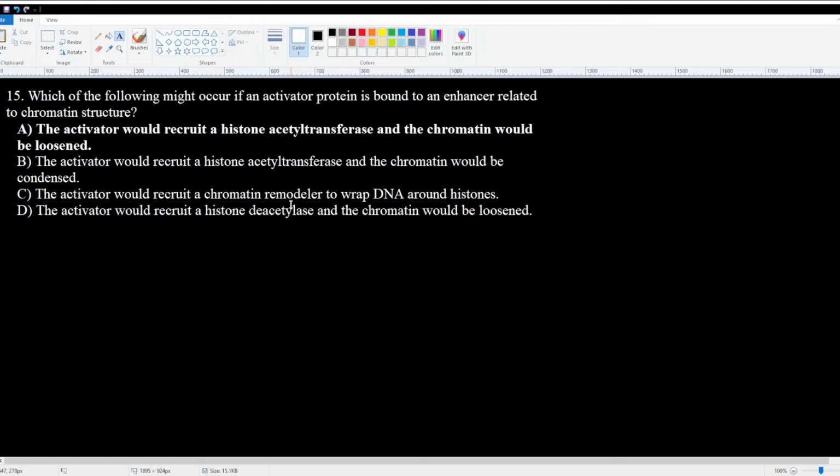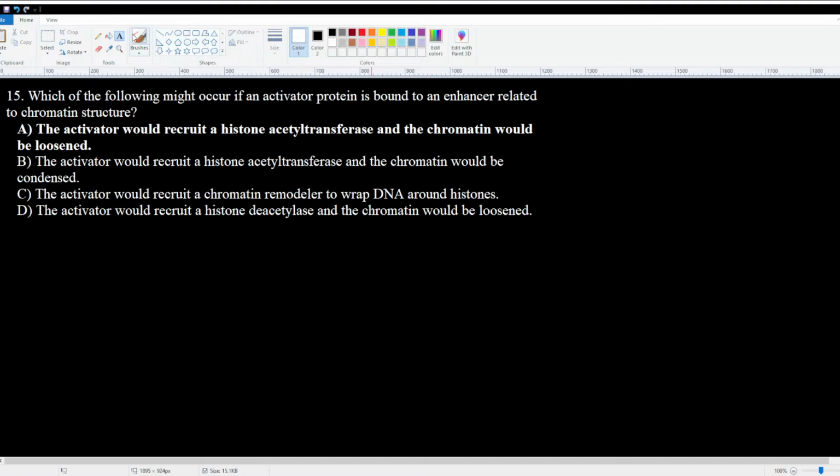If we're binding the protein to an enhancer related to the chromatin structure, then we have to worry about the proteins and the DNA. Proteins being histones. So if we are enhancing transcription, we have to do something that will loosen up the chromatin.